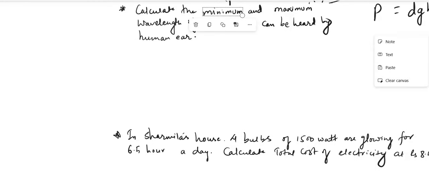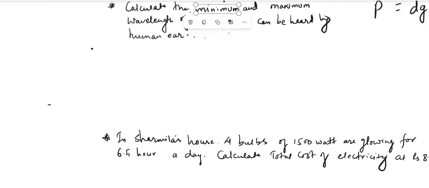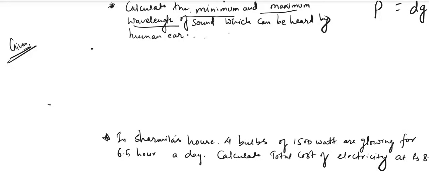Calculate the minimum and maximum wavelength of the sound which can be heard by human ear. The question is very much twisted, so let's solve it.